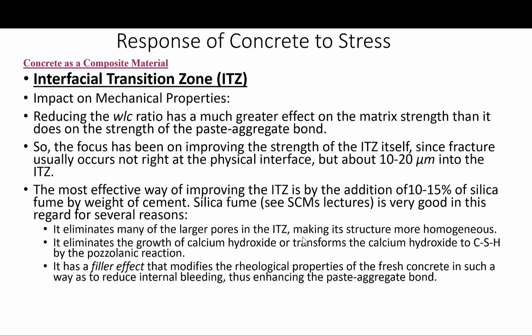The modest increase in the strength, attributable to better paste-aggregate bonding, is largely offset by the increase in brittleness of the resultant materials. So you gain something, you give up something.